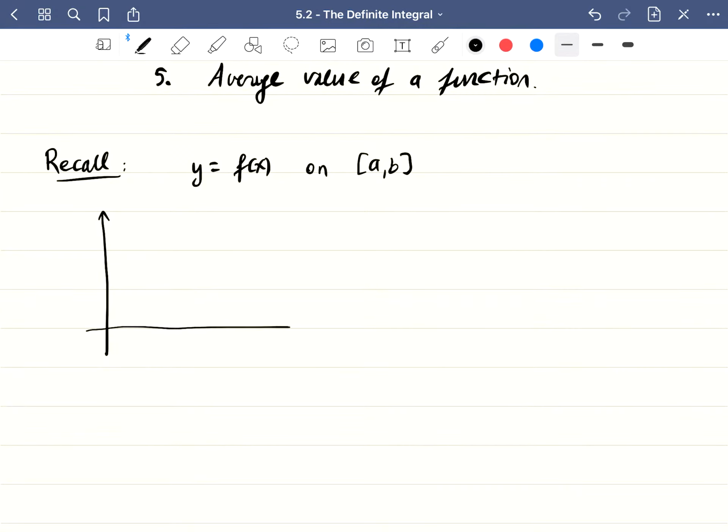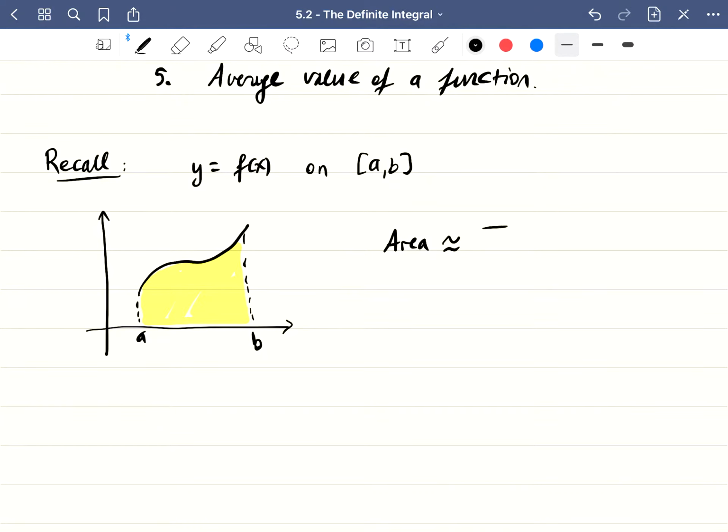Then you can approximate the area under this curve. Let's say this is the function. So you can approximate the area under the curve by doing the following.